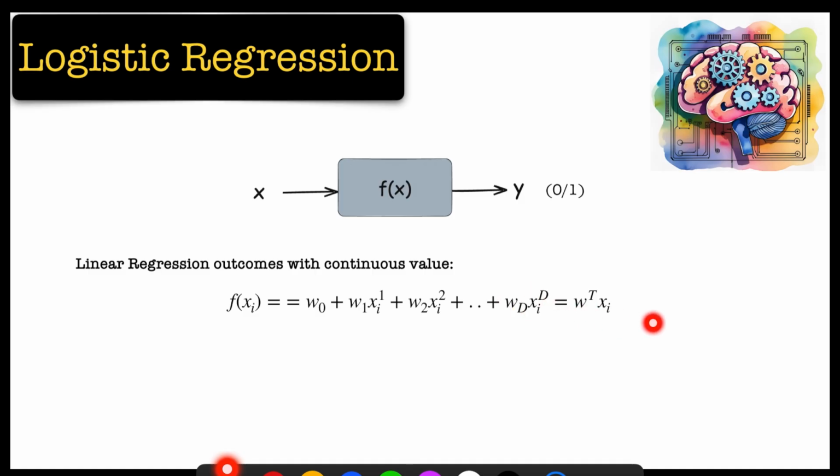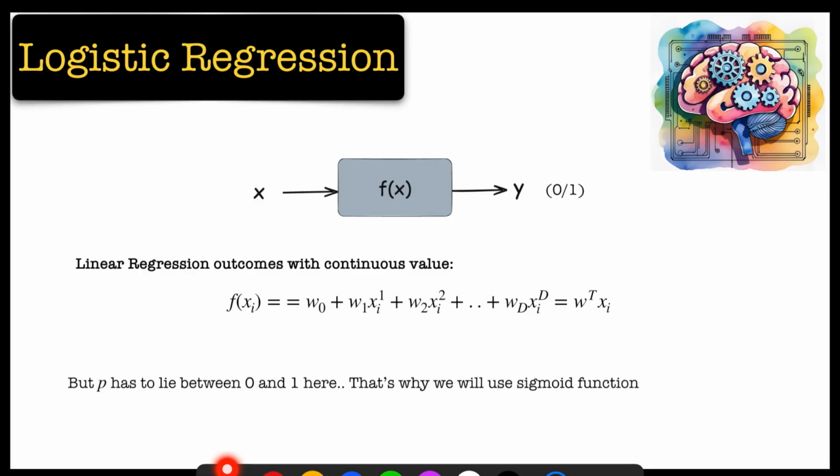If we represent it in vector form, we get W transpose xi. So this was the linear regression output. But this will give some continuous value, right? We want output as 0 or 1 here.